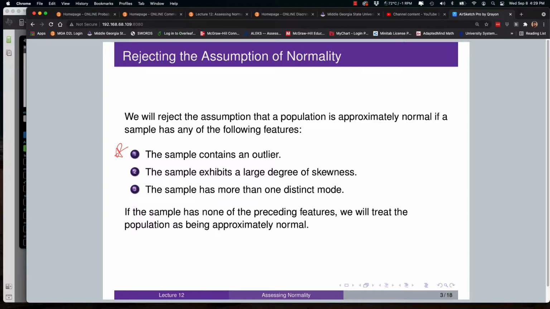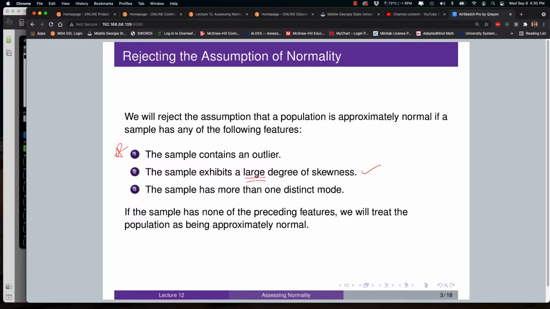The second criterion says that if the sample exhibits a large degree of skewness, then we'll consider the data not normal. That one's a tried and true one. That one always works. If your data's skewed heavily, the data is definitely not normal. And the emphasis here should be on the word large.